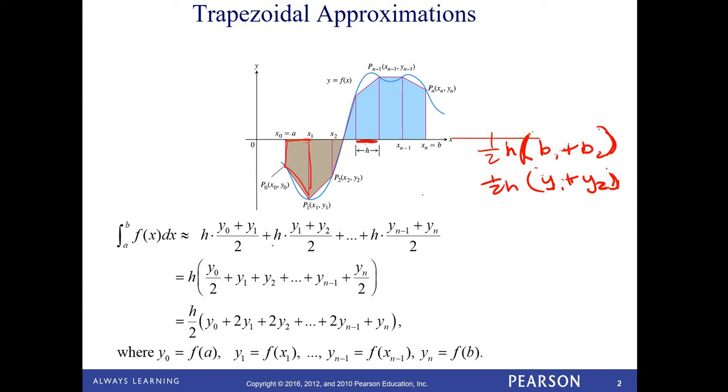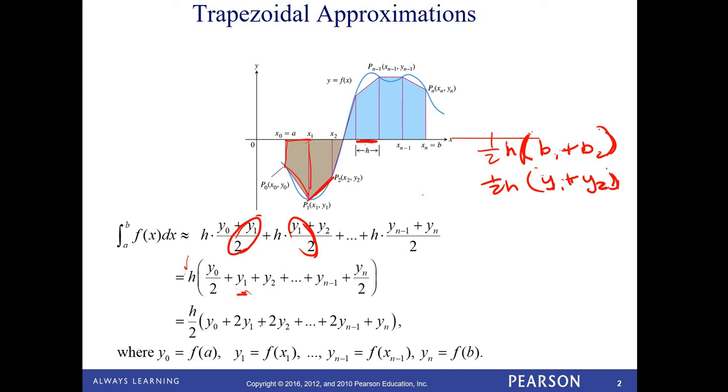They've got the height every time, and then you can see that they factor that out to the front. We've got our first y sub 0 plus y sub 1, divided by 2, y sub 1 plus y sub 2, divided by 2, etc. When it all gets done, since I have this half of a y sub 1 and this half of a y sub 1, it ends up being just y sub 1, if you consolidate this equation.